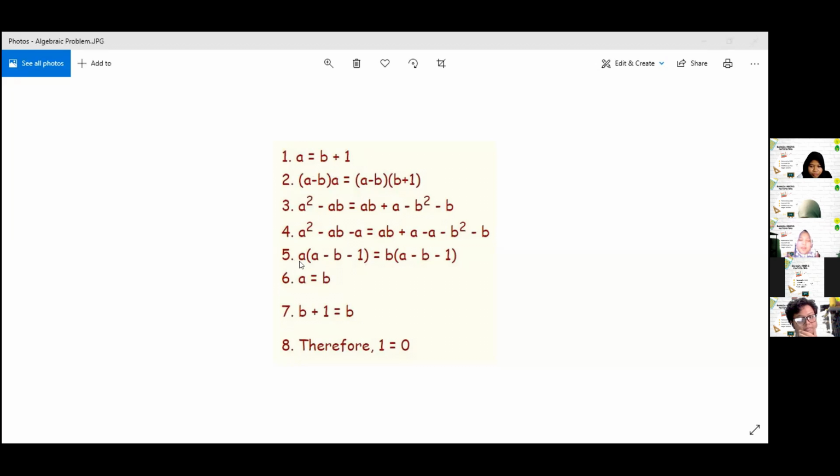So the 5th step is wrong because A multiplied by A minus B minus 1 equals B multiplied by A minus B minus 1. It cannot be divided by A minus B minus 1. Both sides we cannot divide by that. So the wrong step is step 5. Is that enough, Fahri? Okay, thank you.